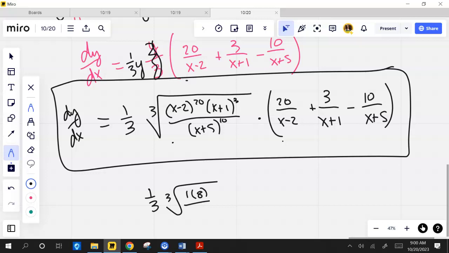Do it on the calculator. 6 to the 10th, and then times.